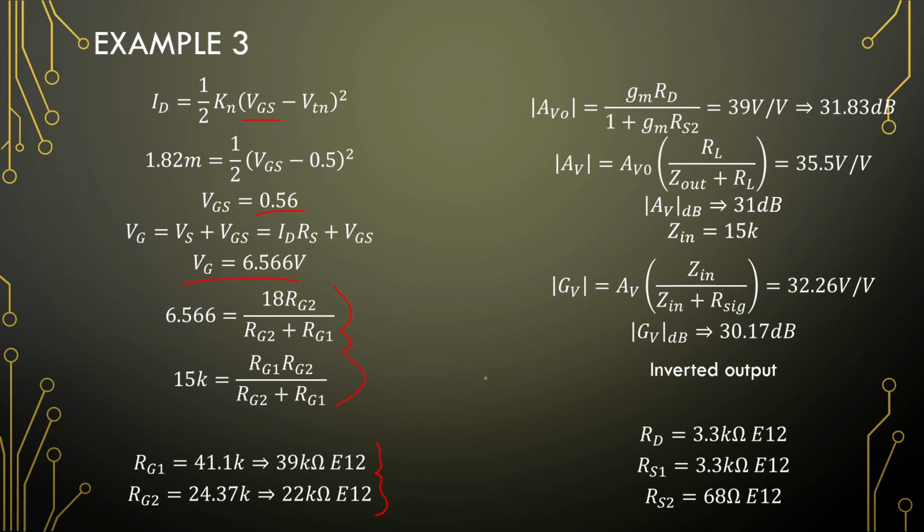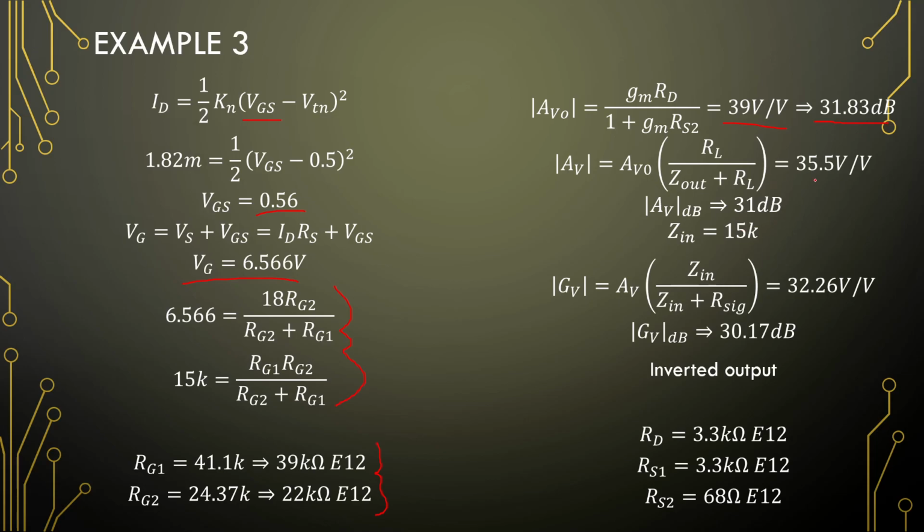And then we can actually calculate what we should be seeing in our simulations. So this gives us 39 volts per volt in the end with the RS2 that we chose. That is slightly higher than with this 56 at 51.38 decibels.